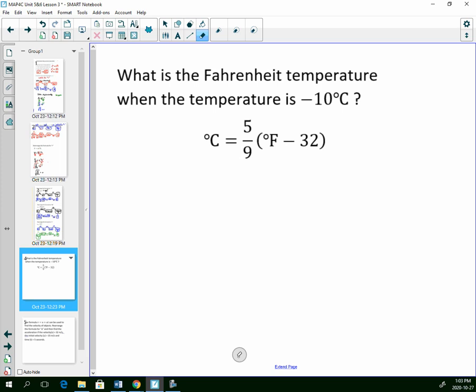Sometimes it's easier to isolate. We could also put in the numbers and then solve for that variable. But I'm going to isolate for the F first, and then I'm going to put in the values.